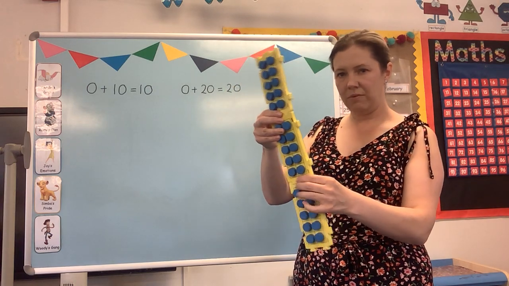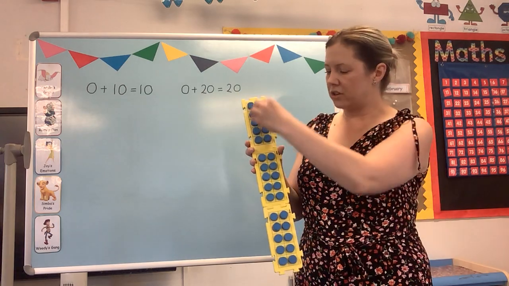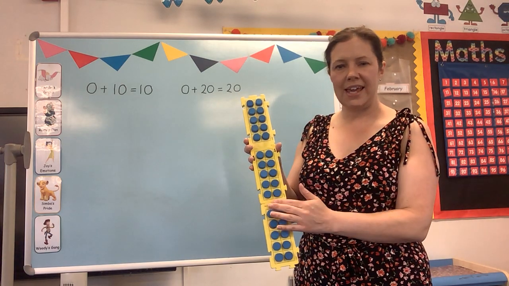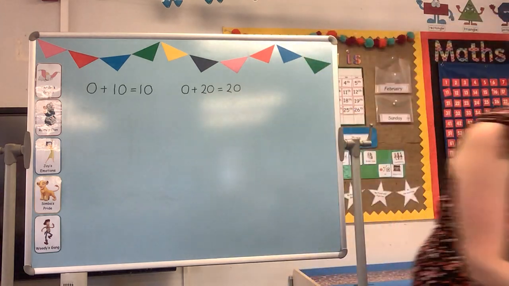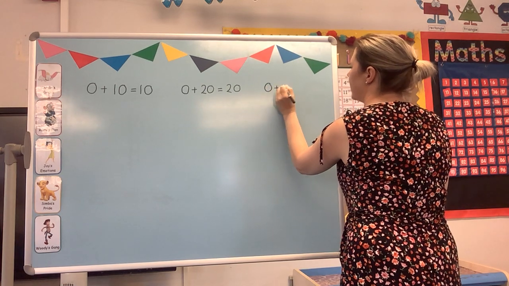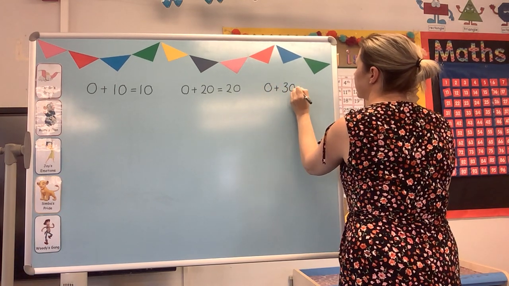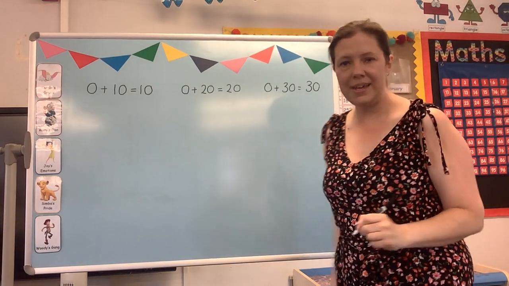So now I've still got 0 good apples, but I've got 10, 20, 30 bad apples. So I'm going to put on here 0 add 30 equals 30 still, okay?